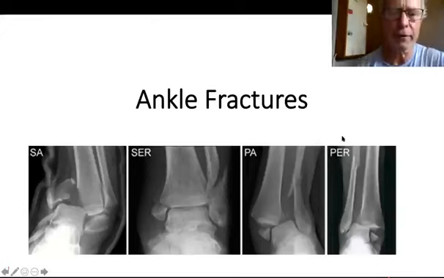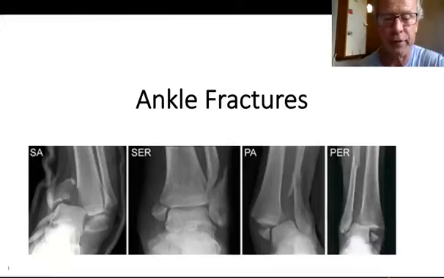But basically, as you can see, there's a spectrum of pathology. These are all different patients with ankle fractures, and so it's not that easy to just look at the Weber classification and say, this is how we do it, because it's multifactorial. Anyway, ankle fractures are another common injury.